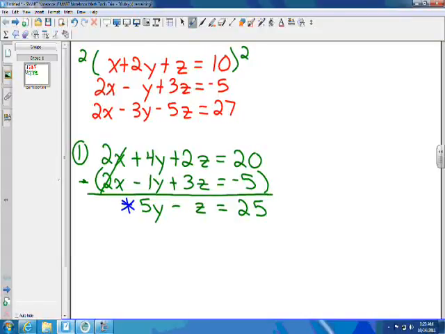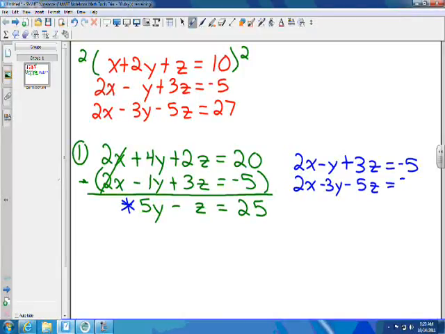Now you have to eliminate the same variable from the second two. From these two, you have to eliminate the same variable that you just eliminated here, which will be easy, since your x's are already the same in the bottom two equations. So do we need to add or subtract them? Subtract. How can you check that if you're not sure which one you would do? Just try one.